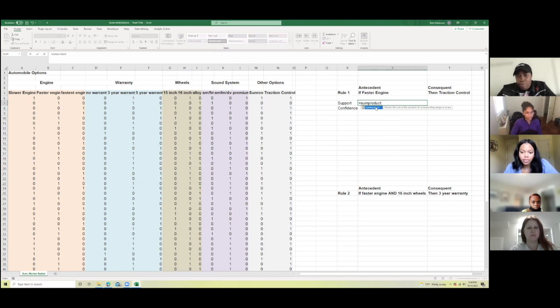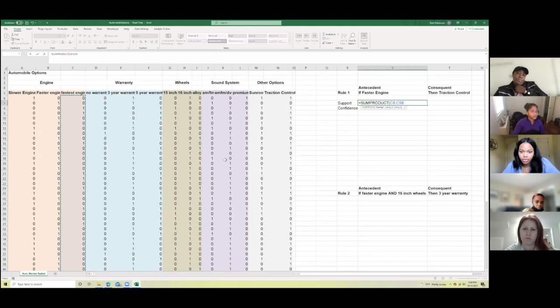Now this is the formula our professor had told us to do. I was trying to find a way to do this easily. So this was how he did it. So I think it's the best way to do it. So we do the sum product of these two, fastest engine and traction control.